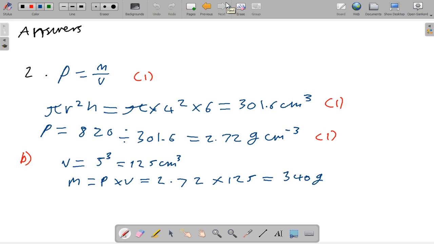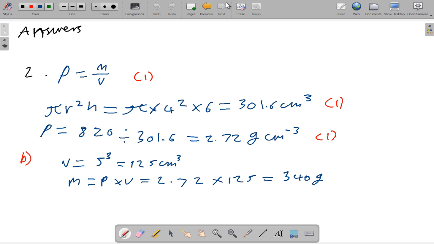And now looking at the calculations, we need to use ρ equals m over V, but first we need to find the volume. So just using ρ equals m over V gives you a mark in this particular question. And then using pi r squared times h gives us the volume, which is 301.6 centimeters cubed.